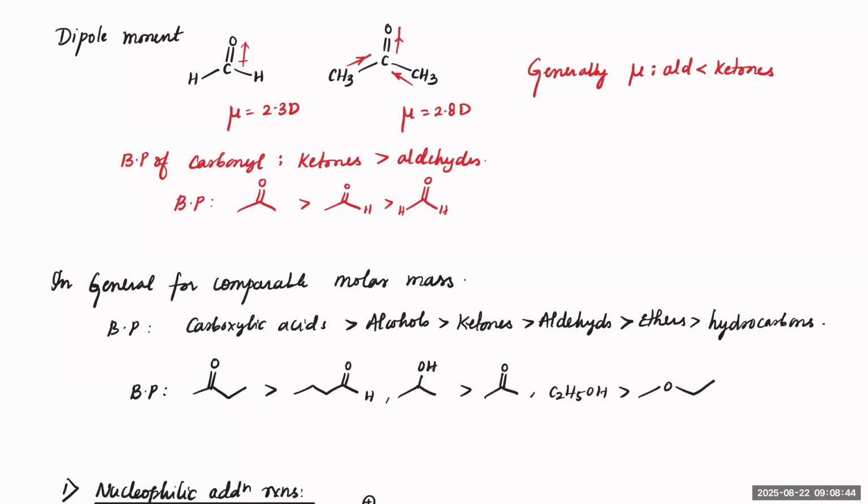So due to that plus I effect, it is a stronger donor. It will donate, because of which electrons will be closer towards carbon here, and that increases the polarity here. So the result of these two dipole moments will add on to C double bond O, and the dipole moment increases. So remember, generally ketones will have more dipole moment than aldehydes.